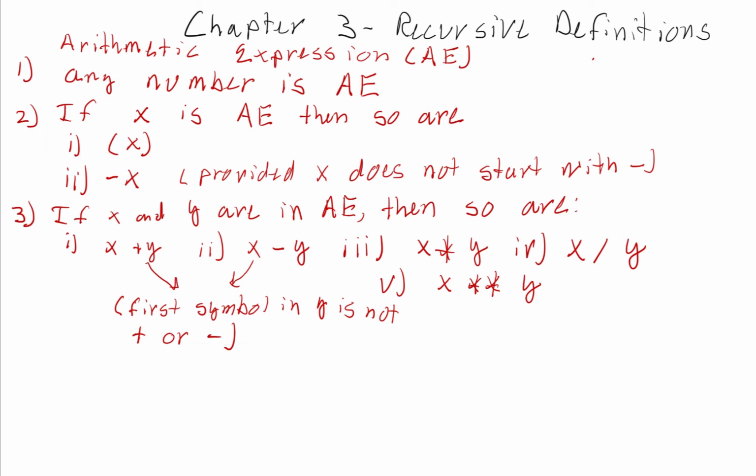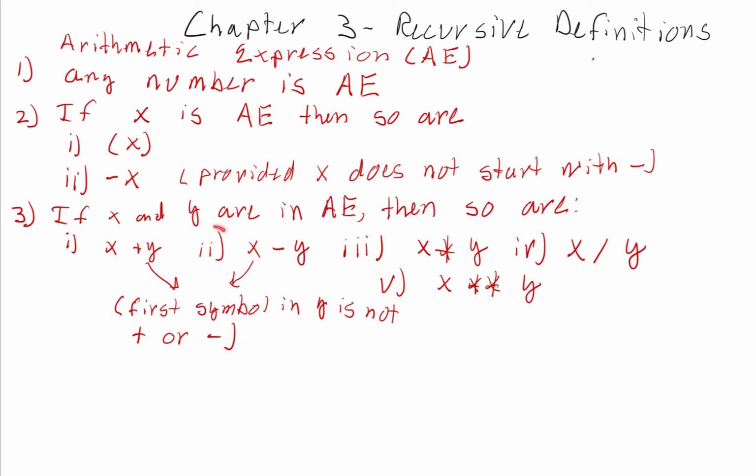So here are the rules. Any number is an arithmetic expression. If x is an arithmetic expression, we can put parentheses around it. We can put a minus sign in front of it, but only one minus sign. We don't want two minus signs in a row.